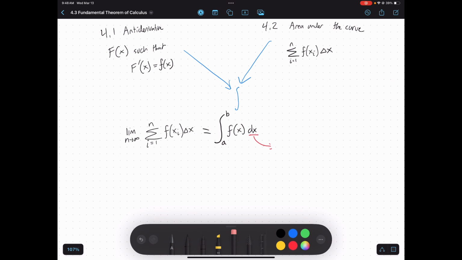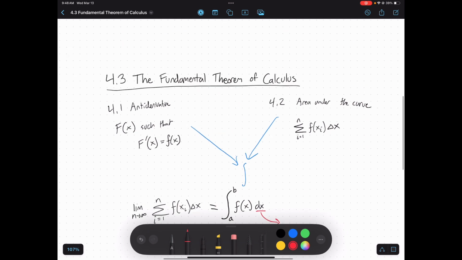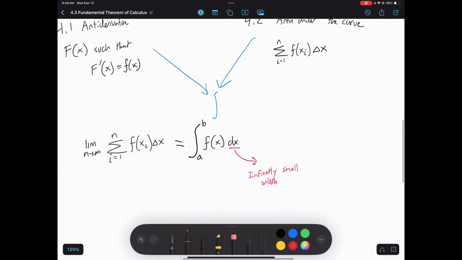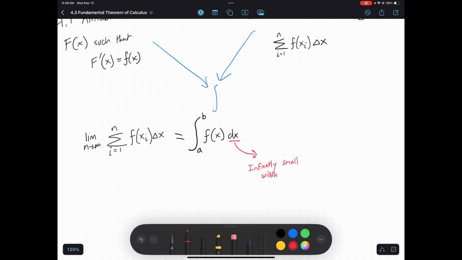Well, this leads us to what's called the fundamental theorem of calculus, which is what this section is called. It turns out, as mathematicians worked more and more on this area under the curve and how to find it, they saw that it was very closely connected to antiderivatives.